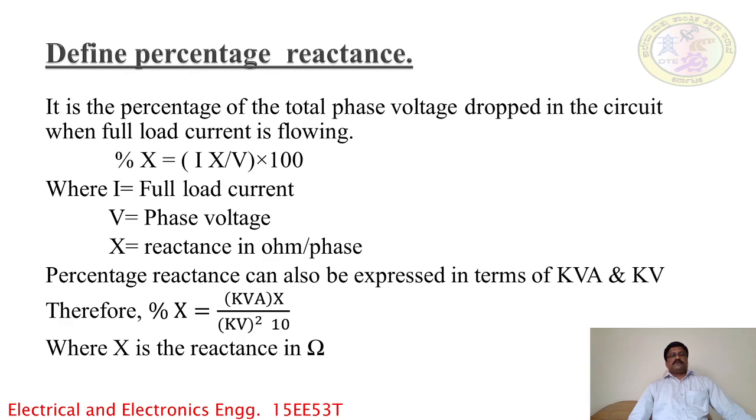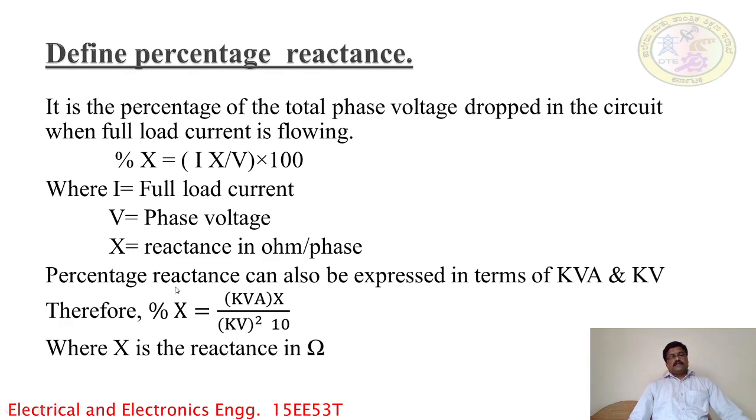So the formula for percentage of reactance is I into X divided by V into 100. Here I is the full load current flowing through the system, V is the phase voltage, and X is the reactance in ohm per phase.